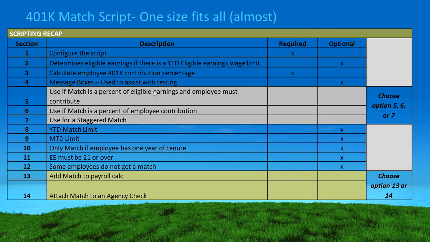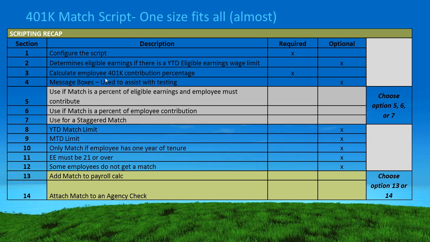Now, the reason that one is in here, even though it's a simple one, is so you could see how it works, where besides that simple thing, there are other stipulations, such as the employee must be over 21. You have to work there a year. That's when you have to use a script, because the simple wizard has no provisions in it to allow for that kind of logic.